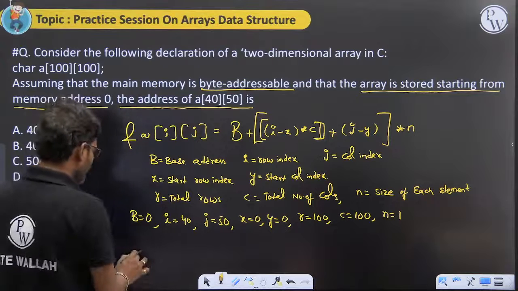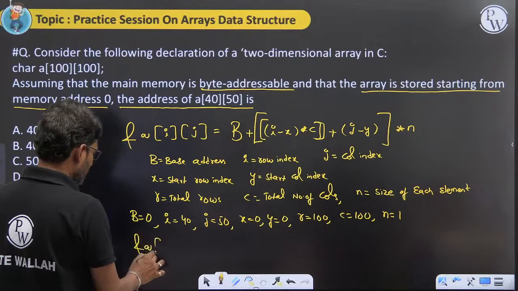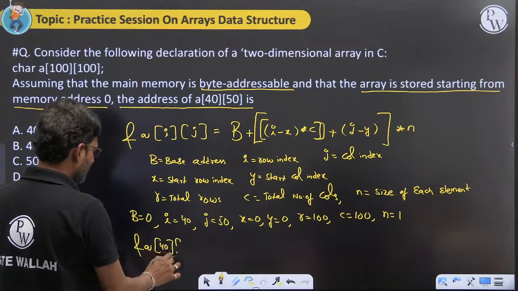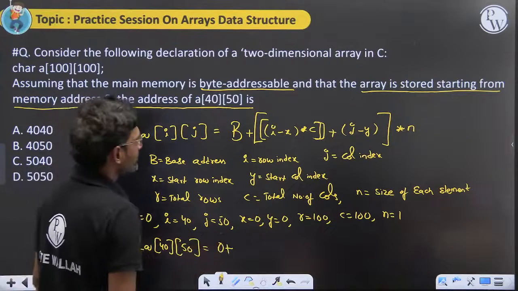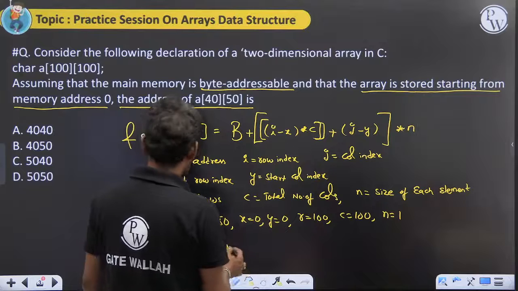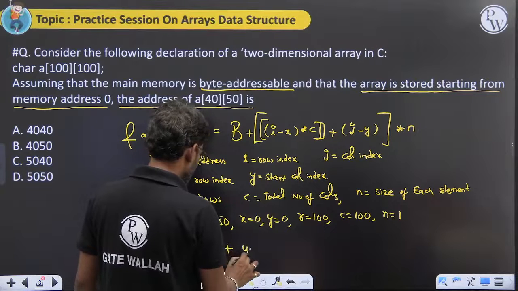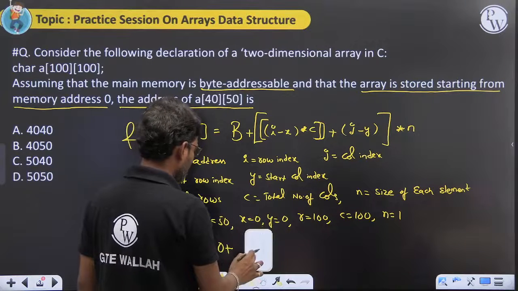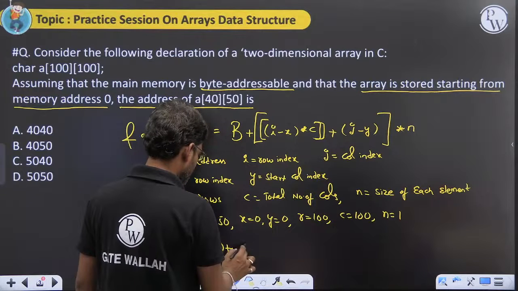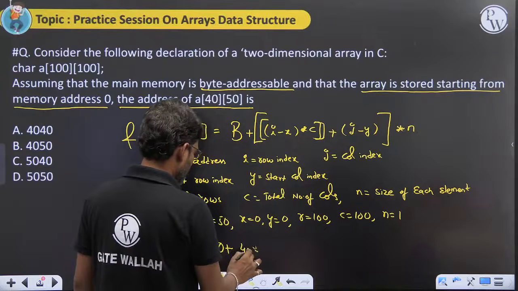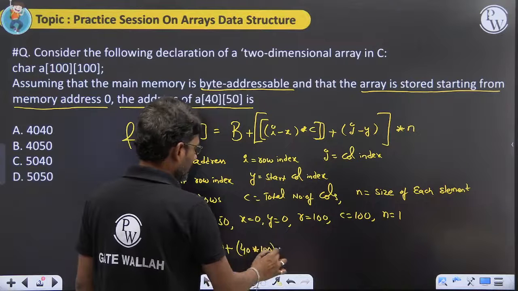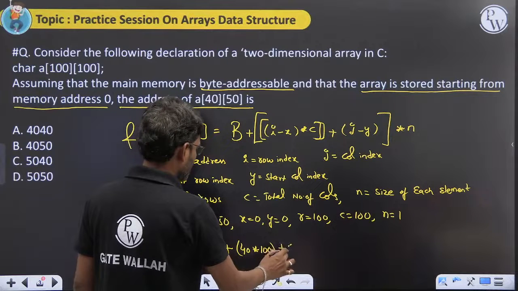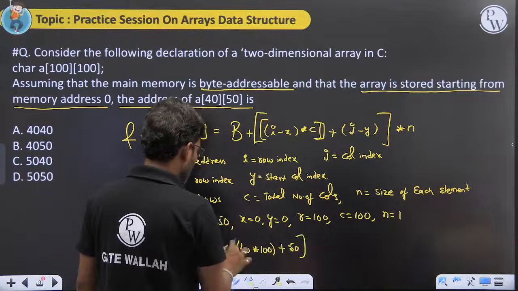Now if you substitute all, address of A of 40 by 50 will be 0 plus I, that is 40, minus 0 is however 40, multiplied by total number of columns, 100, plus j, 50, whole multiplied by 1.